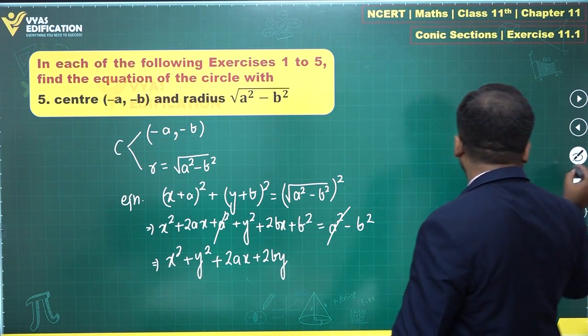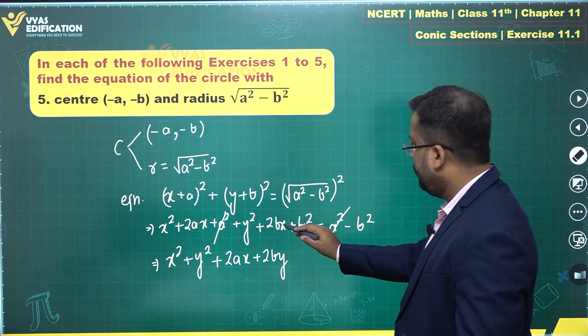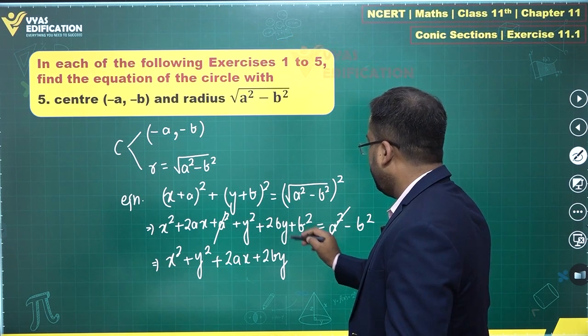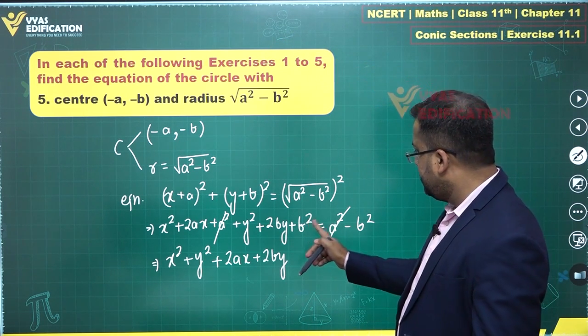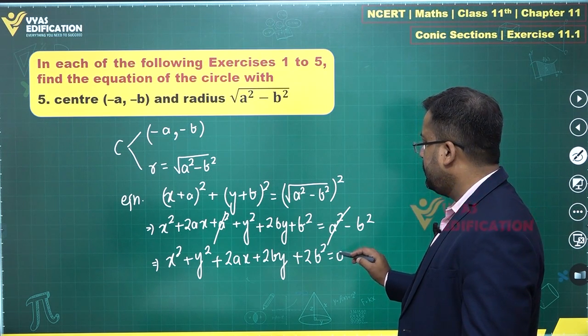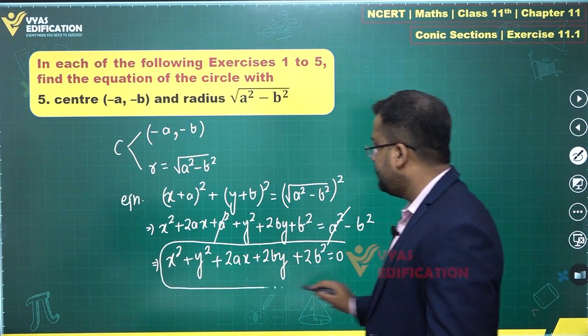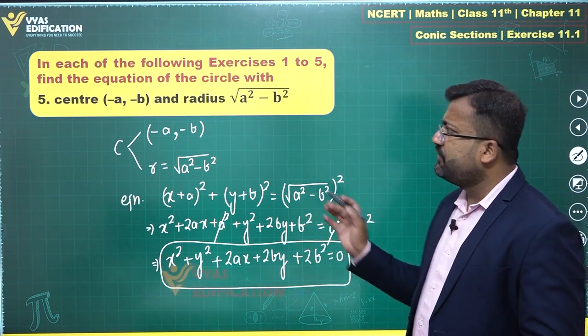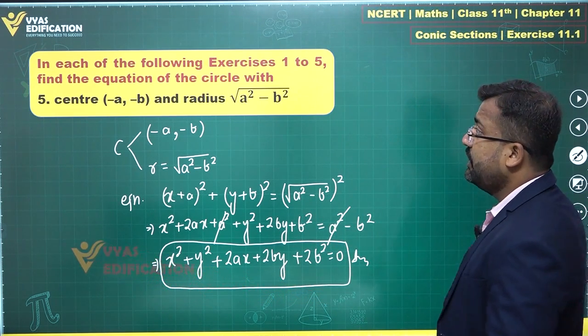By the way, this is y, this is not 2bx, this is 2by over here. And this is b square, this is also b square, this will become 2b square equals 0. That is the final answer for this question. This is the fifth question for us. Let's move on to the next one.